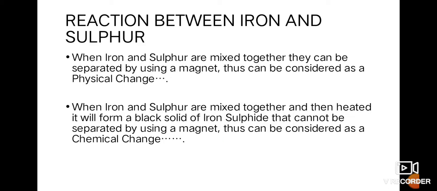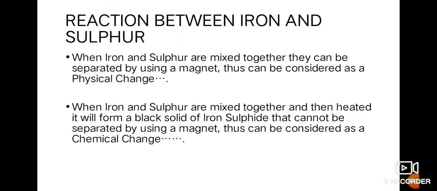Now, moving down to the reaction between iron and sulfur. Here two types of changes, that is physical as well as chemical changes, both of them take place. Now, when iron and sulfur are mixed together, they can be separated by using a magnet because both of them do not combine chemically.